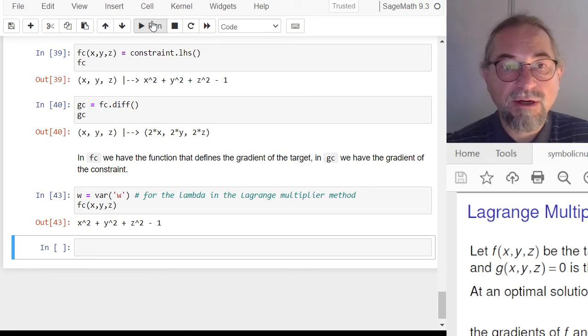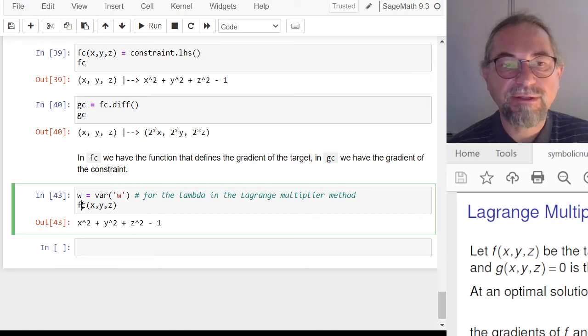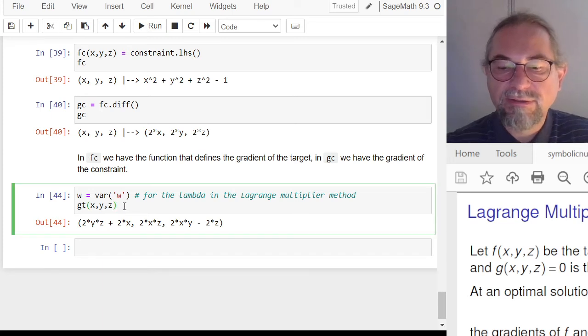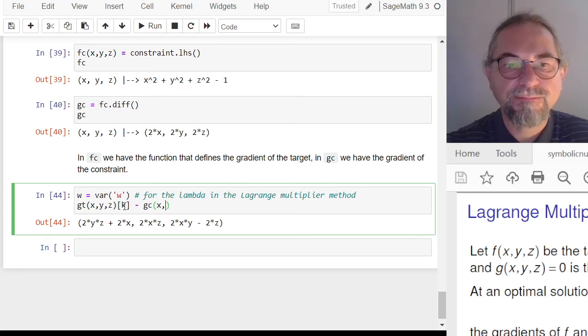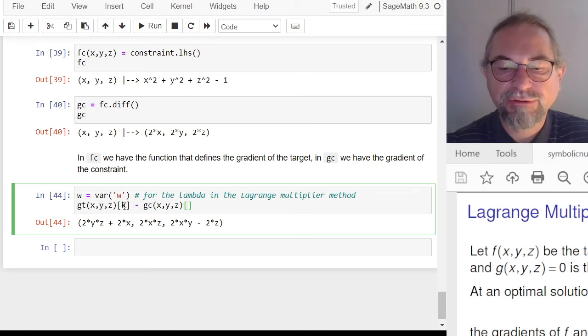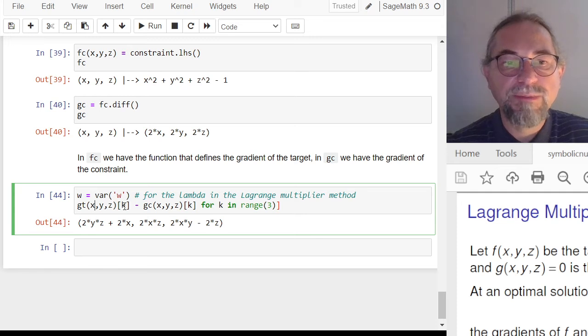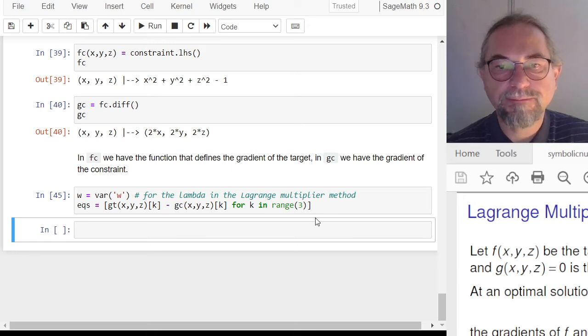Okay, so I had to take the gradient of the target and there I can select the kth component, and I have to select the gradient of the constraint, but seen as expressions. And that will give me the first 3 equations in the system.